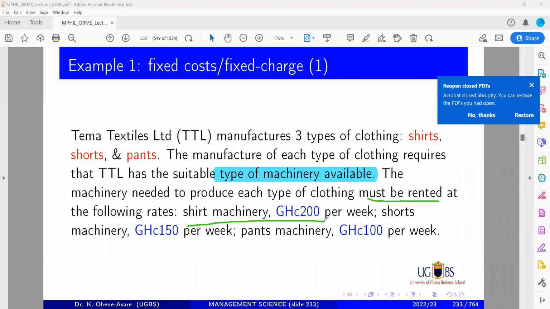The same way I cannot produce shorts unless I rent short machinery for 150. The same way I cannot produce pants unless I've gone to rent the pants machinery at 100 a week. Are you beginning to identify the fixed charge? Okay. Now let's move on.